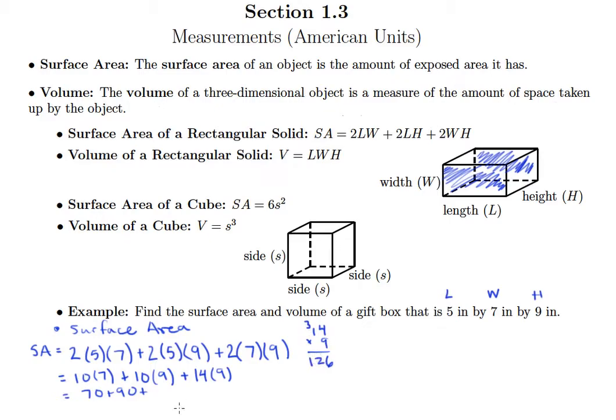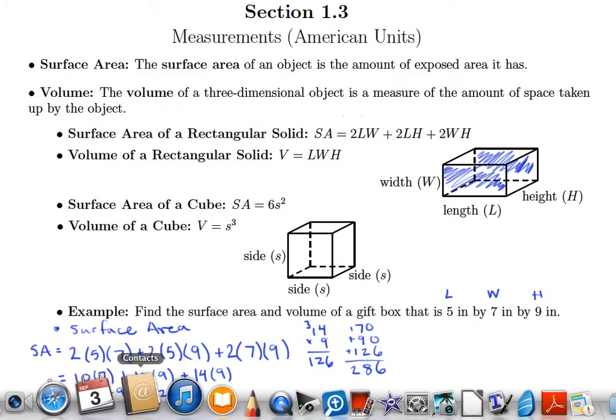And so we get 126. And so finally we need to add up those 3 numbers. So 70 plus 90 plus 126. And that's going to give me 286. So 286, and since we're talking about surface area and adding up a bunch of areas of sides, that's definitely going to be measured in square inches.